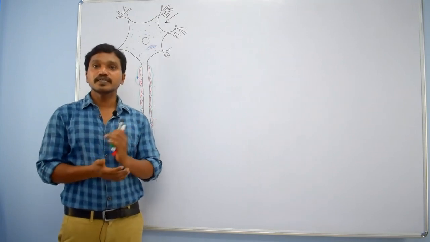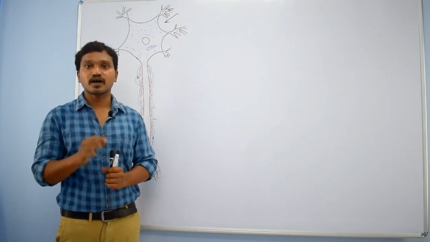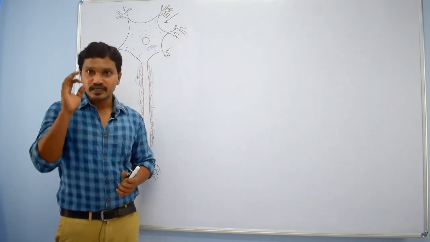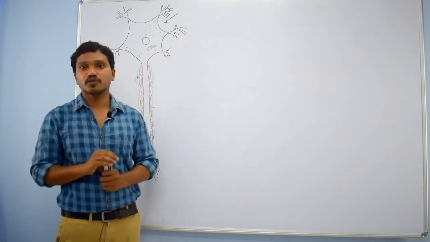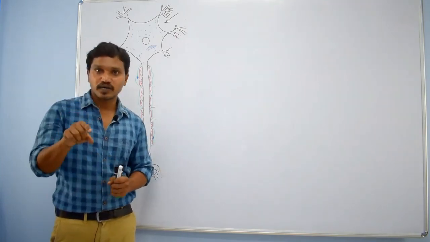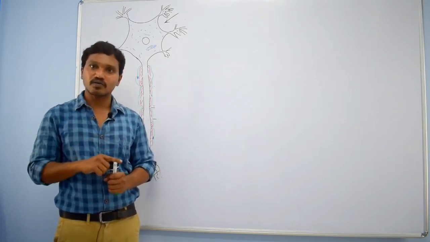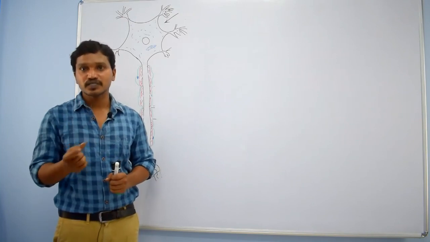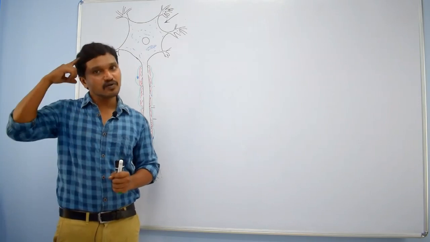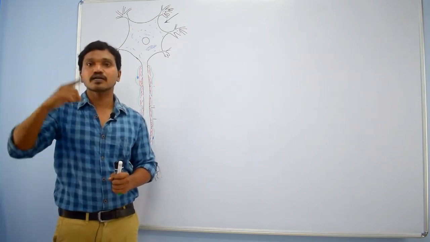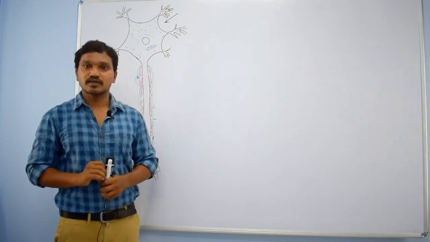Now we will discuss the reflex arc. Reflex arc is an involuntary motor response of the body. Actually, the motor system is under our control, that means under voluntary control. But some motor activities will occur without our notice, that means without the brain's notice. Those reflexes we call reflex arc.